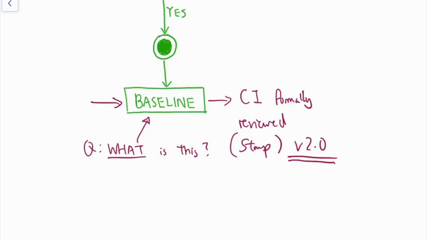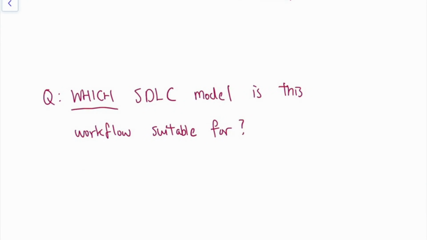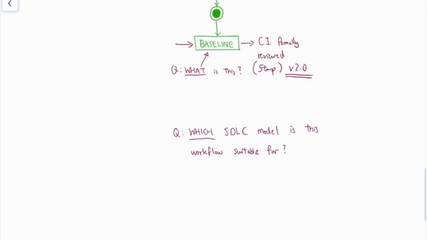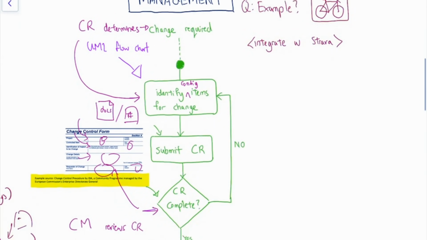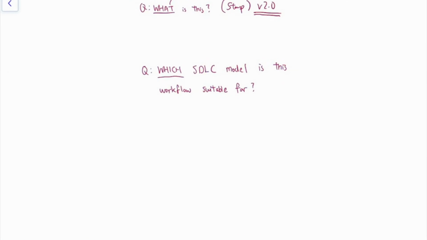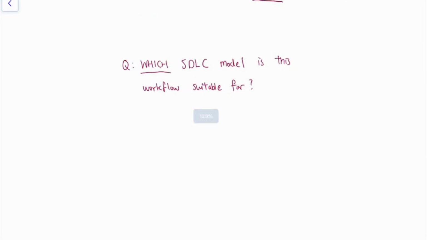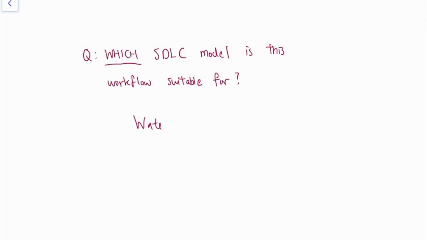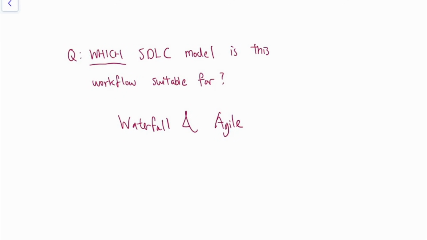So based on that, which SDLC model is this workflow suitable for? I guess because of the forms that are introduced, probably you would say waterfall. But in fact, this workflow in general is also crucial for agile changes as well.